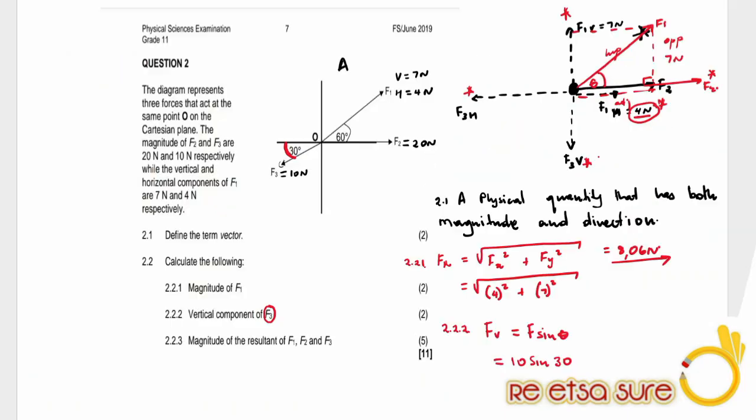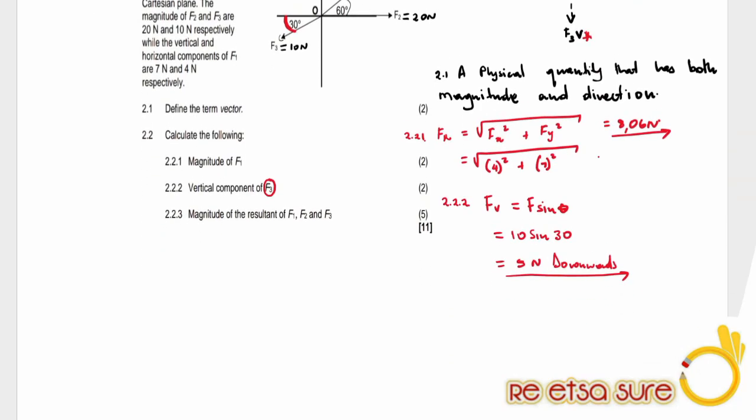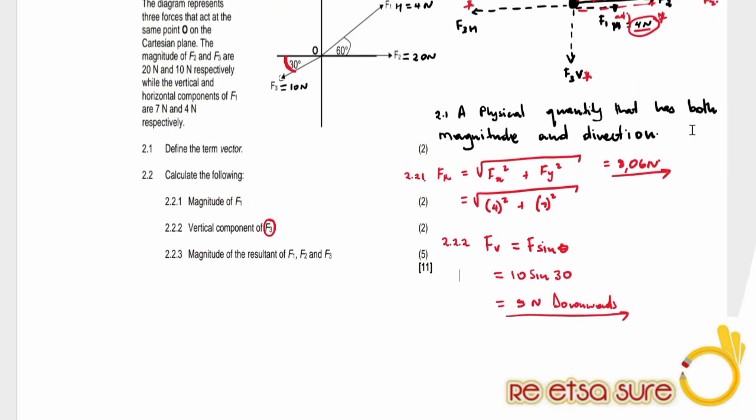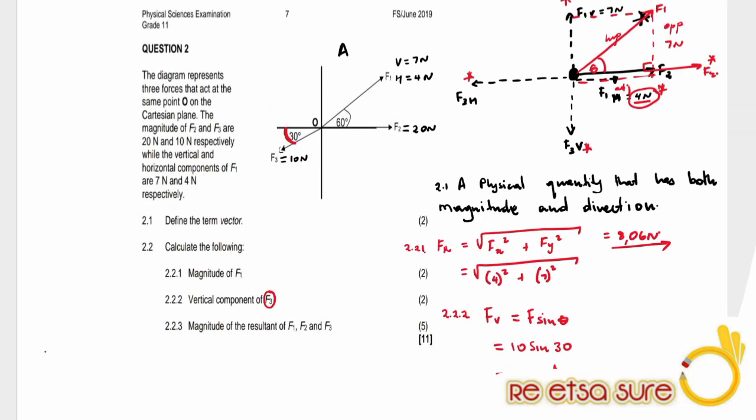So let us start first with the horizontal. Let us determine the horizontal resultant for x. F resultant horizontally is equal to, how many forces are acting horizontally here? I have 3. So I'm just going to put F1 plus F2 plus F3.